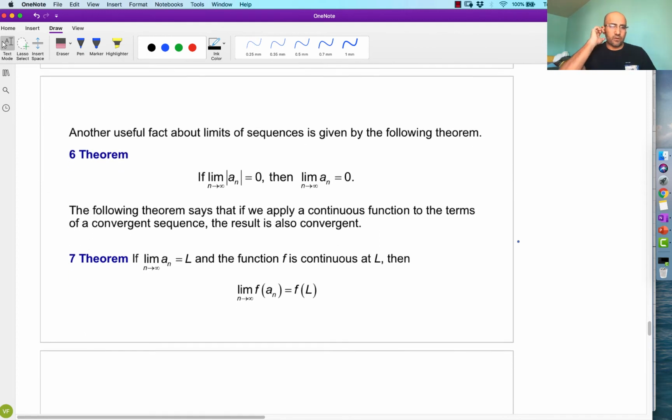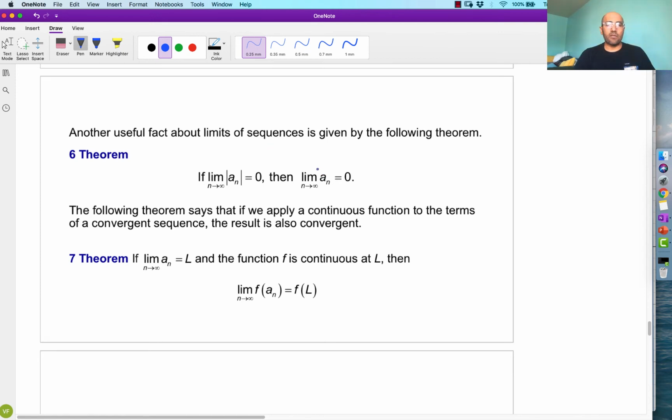Theorem 6. If the limit as n goes to infinity of the absolute value of a sub n equals 0, then the limit as n goes to infinity of a sub n equals 0. Okay, so this is useful when we have some sort of a limit where this might alternate signs. This might be negatives, or negatives and positives, right? So there's some negatives that are part of this sequence.